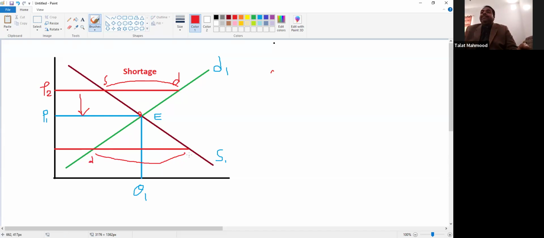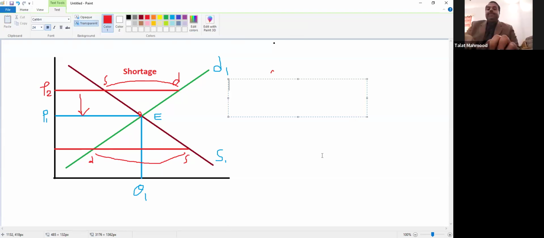Demand is here and supply is greater. So there are two cases, I'm going to explain those here. When supply was greater than demand, it causes shortage.